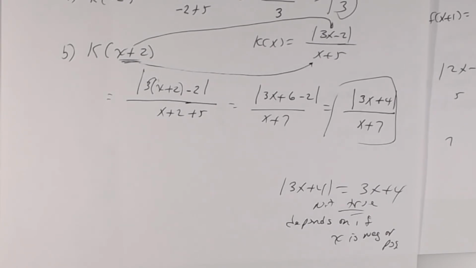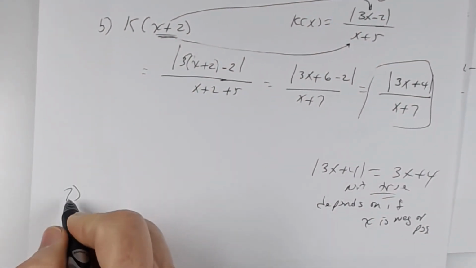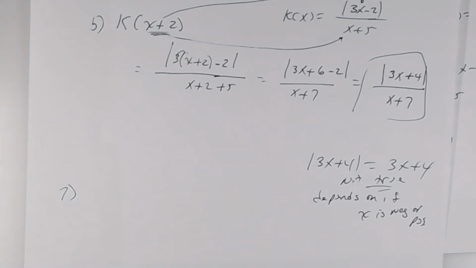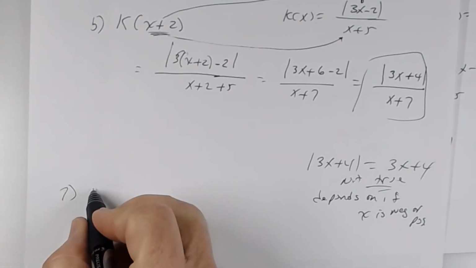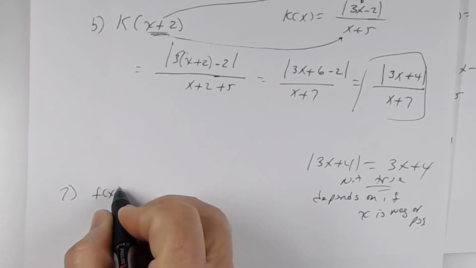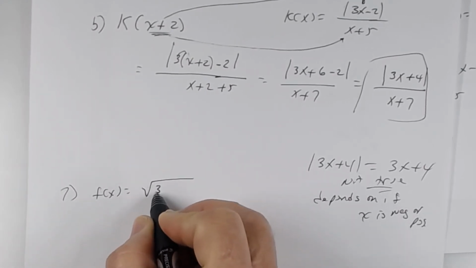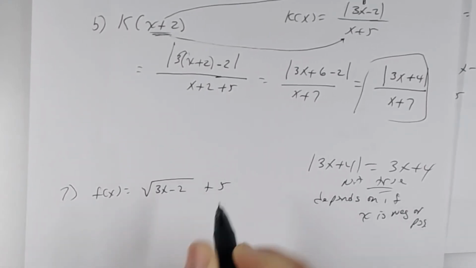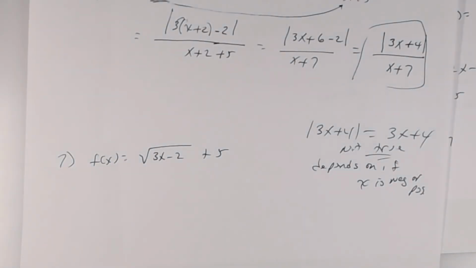Now let's look at the one with the square root. So let's look at 7. Okay, so let's suppose that f of x is the square root of 3x minus 2 plus 5. Just like this.